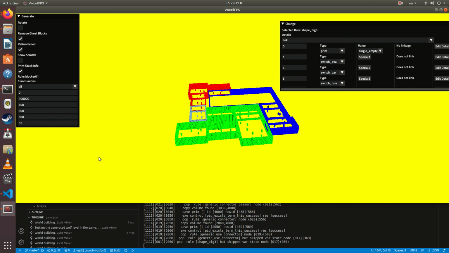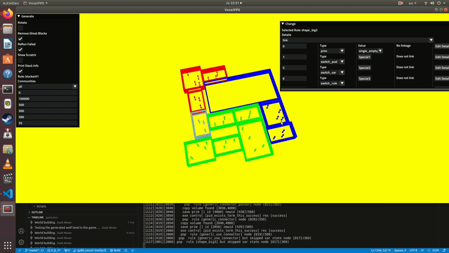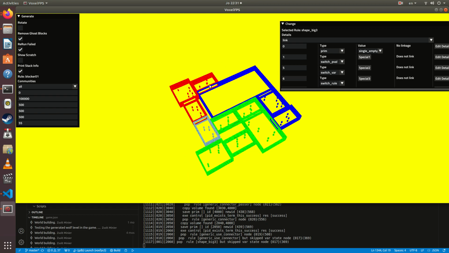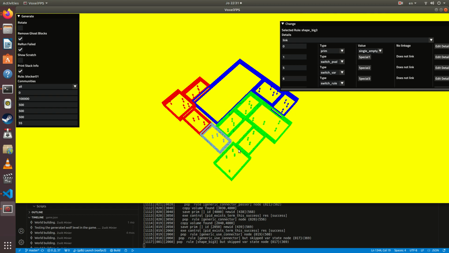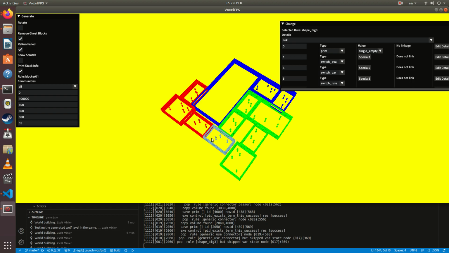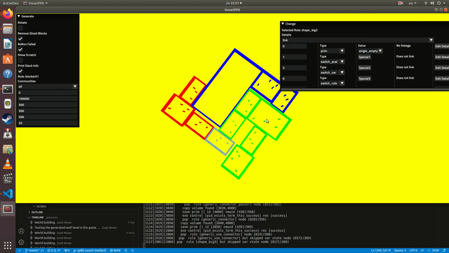So why is this blue connection important? Well, it's a shortcut basically. When you start from a hub, you are presented with two choices, to go either to the blue, to the green or the red direction, and you kill everyone in the green.